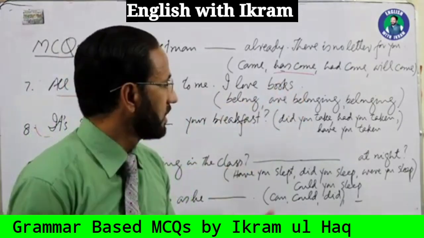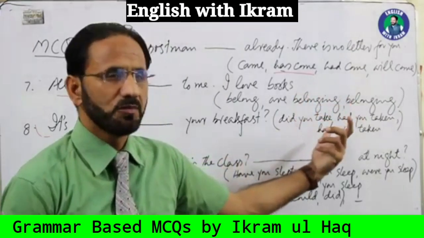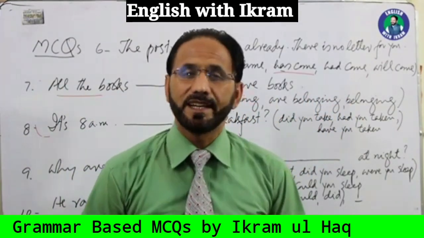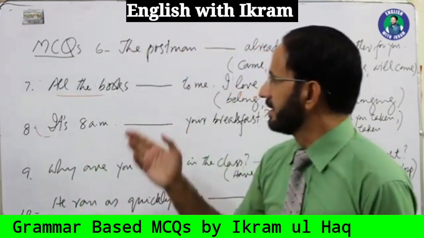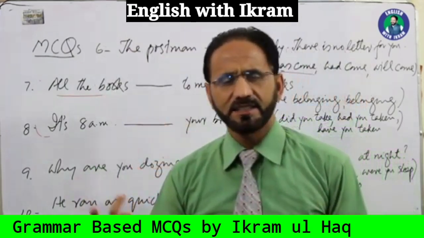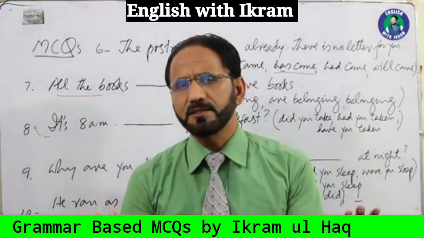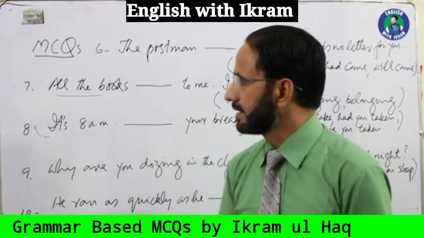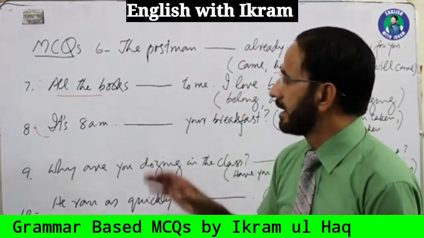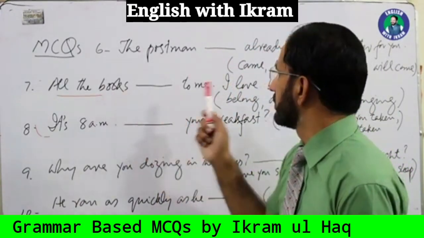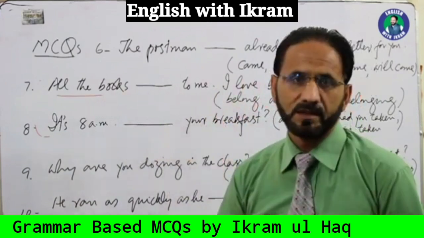All the books belonging to me. So what do you think? Which can be the right option? This is again a fact, a thing that's permanent. Whenever you describe a permanent fact, that is simple present tense again. It would be all the books belong to me.